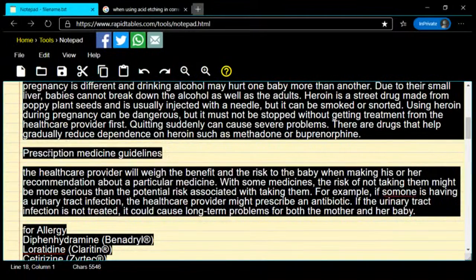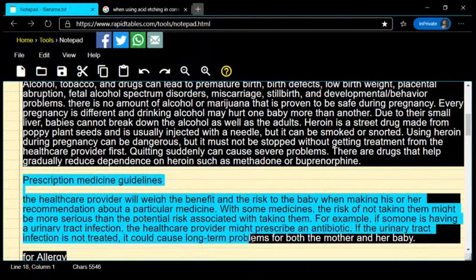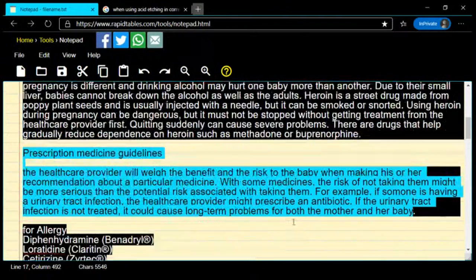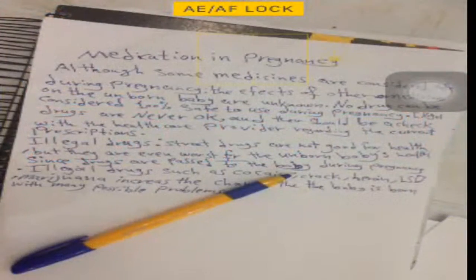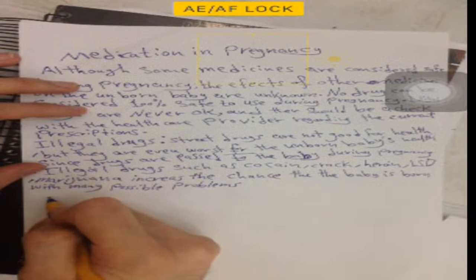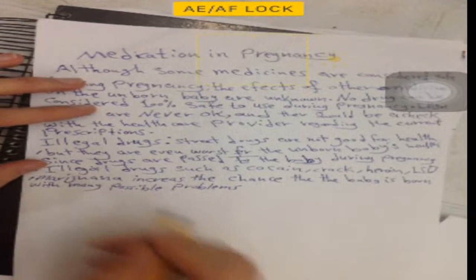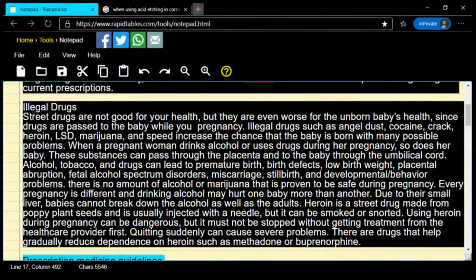Okay, prescription medicine guidelines. Let's complete the possible problems.